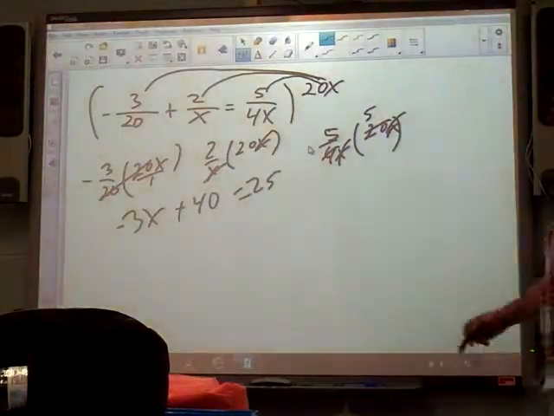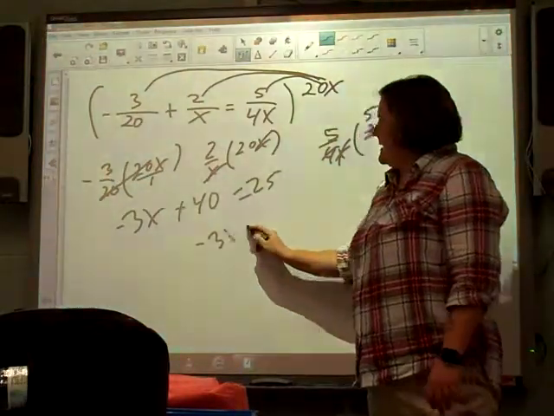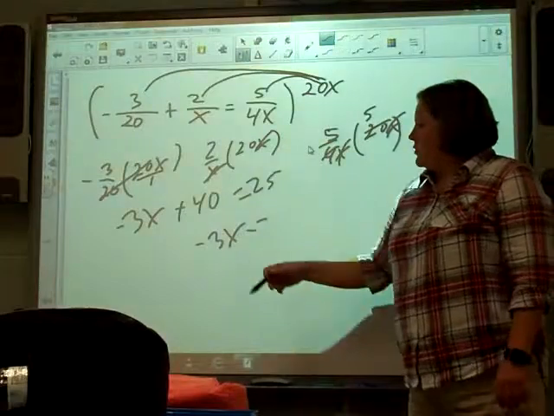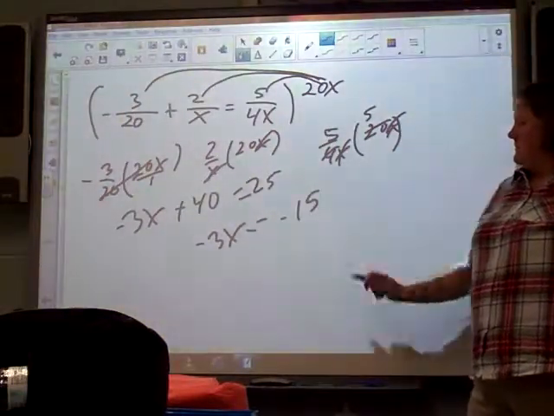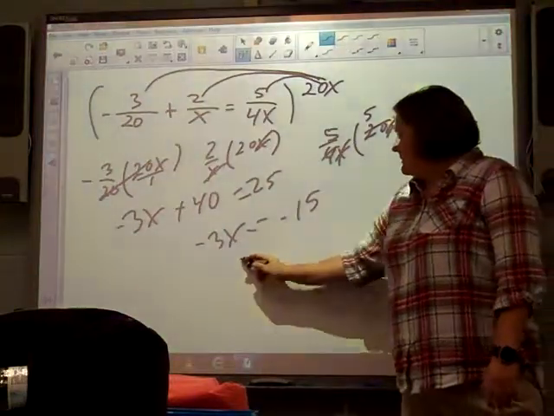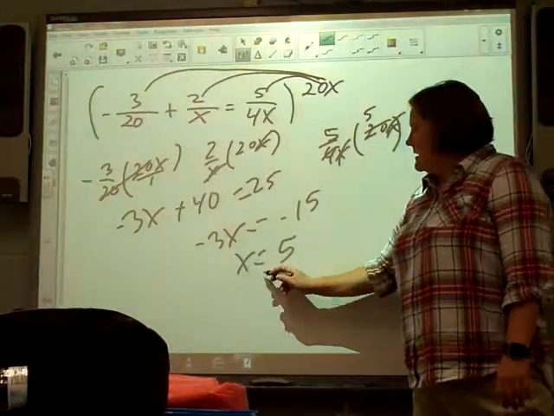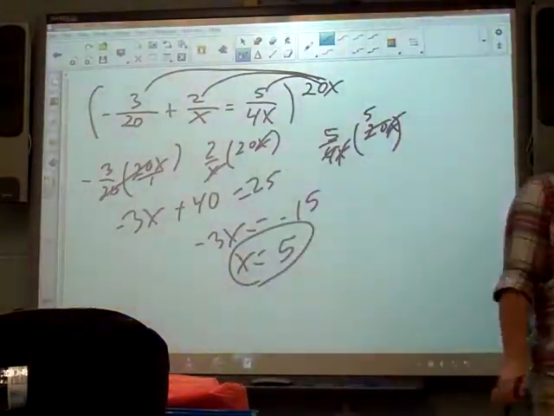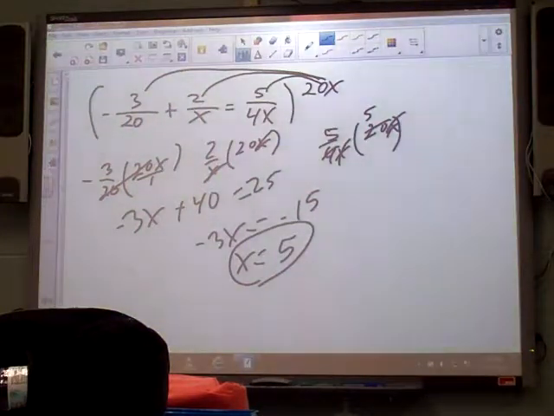Subtract 40, like Aaron said. Negative 3x equals 25 minus 40. What's your last step? Divide by negative 3, and y'all have got it. Now, anytime there's a couple of sticky situations in math, you have to check your answers to make sure they're going to work. Anytime radicals are involved, you're limited because you can't have negatives underneath the square root.